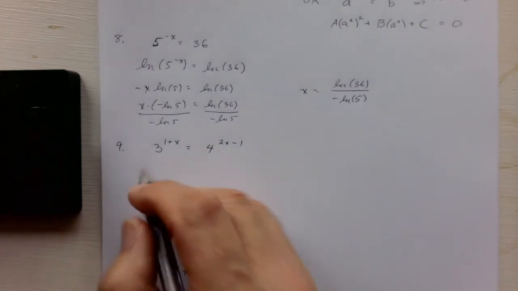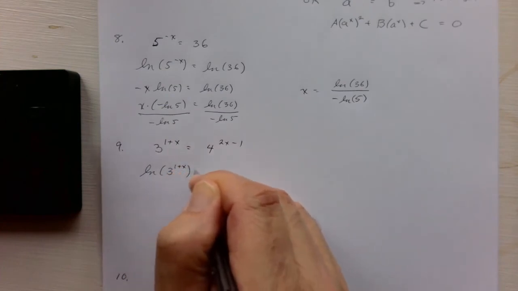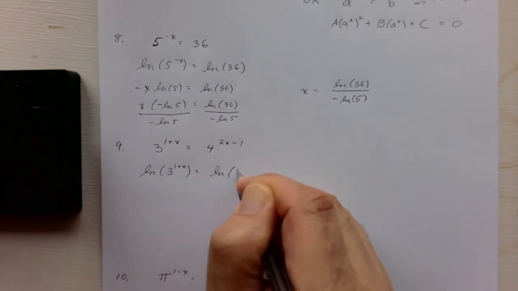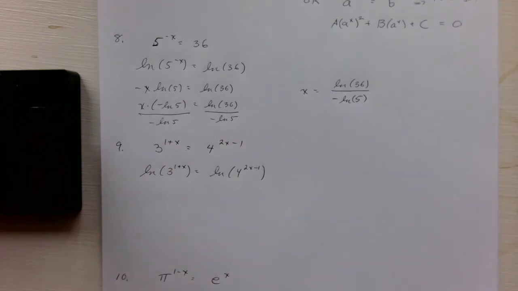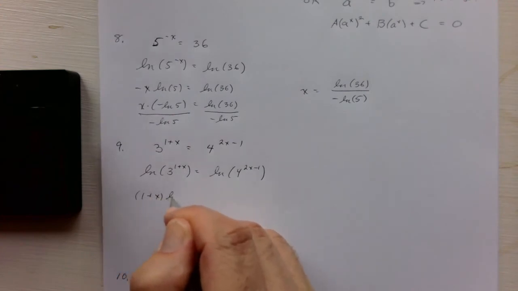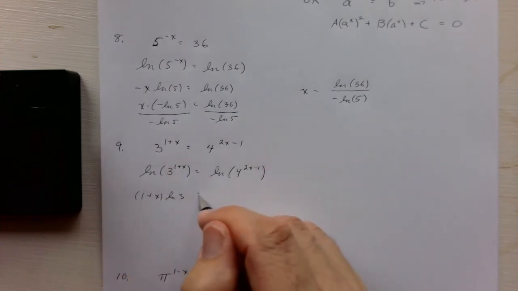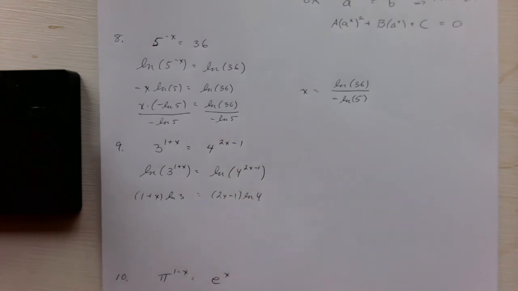In this case, we take the natural log of 3 to the 1 plus x equals the natural log of 4 raised to the 2x minus 1. Bring the exponents out front. Remember that log 3 and log 4 are just numbers, so they're constants.